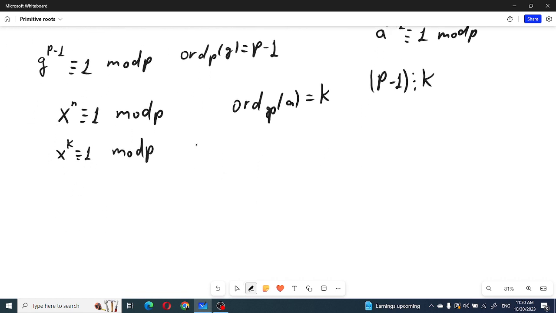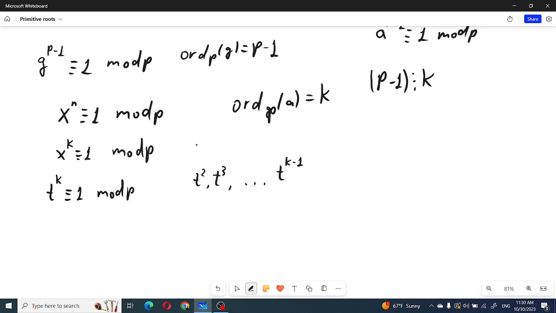If we take any number t such that t to the k equals 1 mod p, we can see that t squared, t cubed, up to t to the k minus 1, all of these numbers will have the same property. And we will see that all of these numbers will have different remainders mod p.